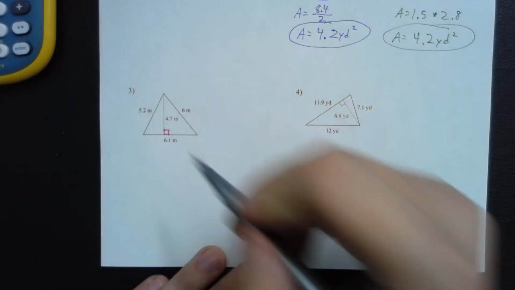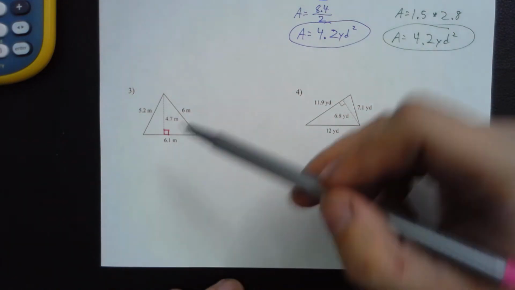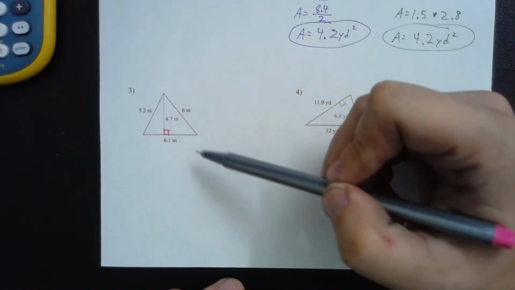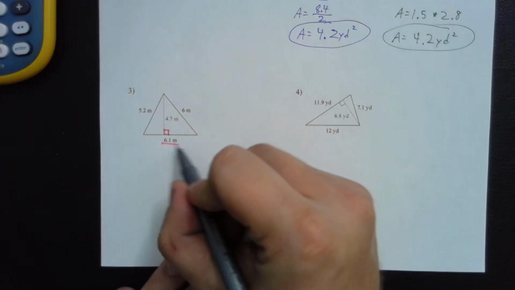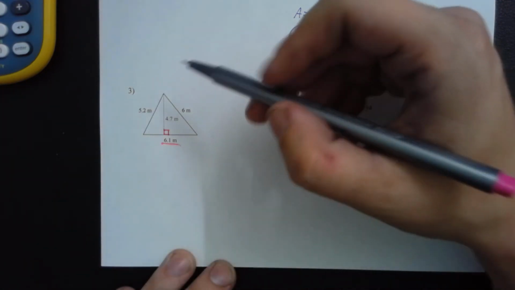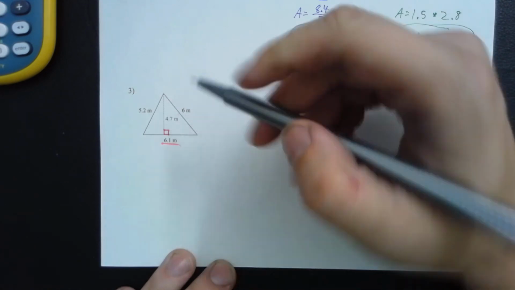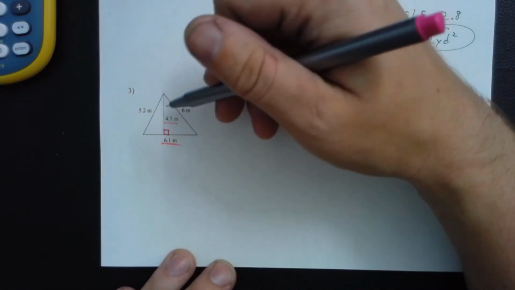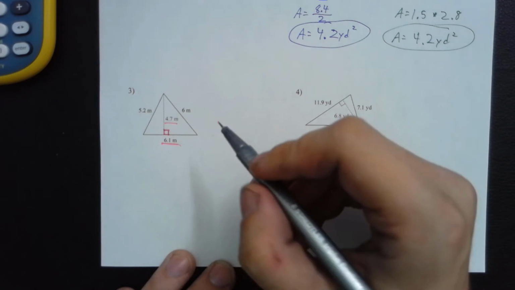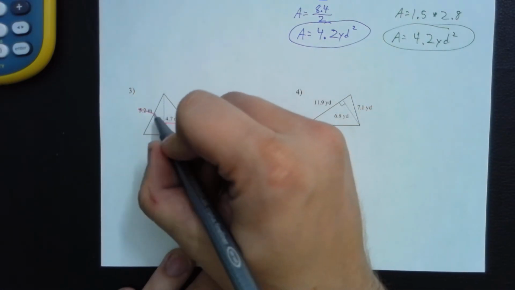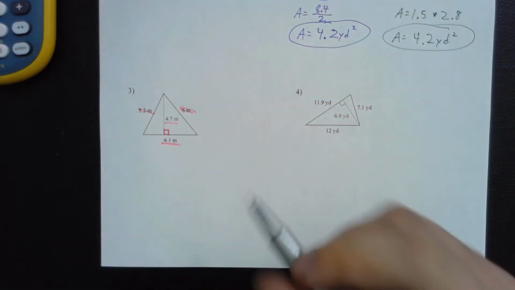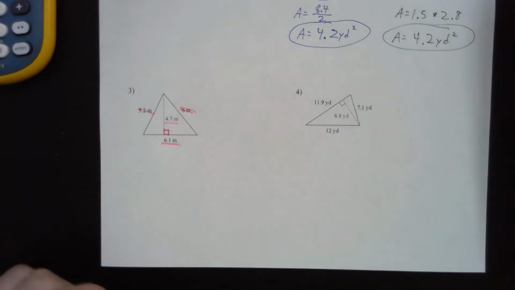So our 90-degree angle box, we can only use lines that are attached to this little box, which means my base is going to be 6.1 and my height is going to be 4.7. We cannot use these 2 lines because they are diagonal. So the 6 meters is out and the 5.2 meters is out. Okay, we cannot use either of them.